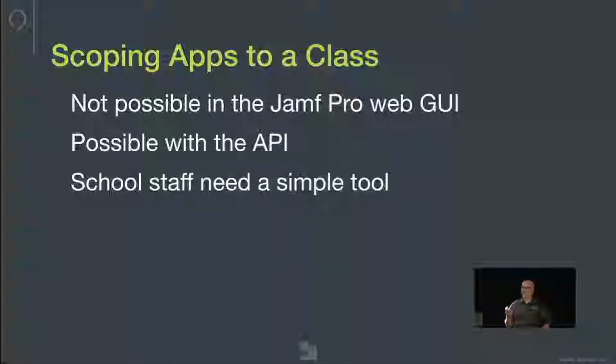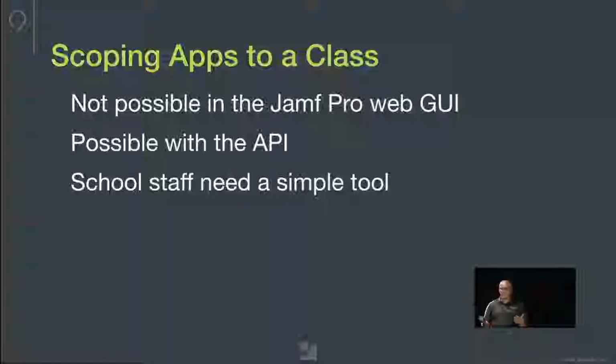But using the API, we're able to grab a list of all the devices that belong to a certain class, and then from there we can create a static group and assign an app or scope an app to that group. So it's a really simple problem, something that we couldn't do in the native web interface, but that we could do using the API.